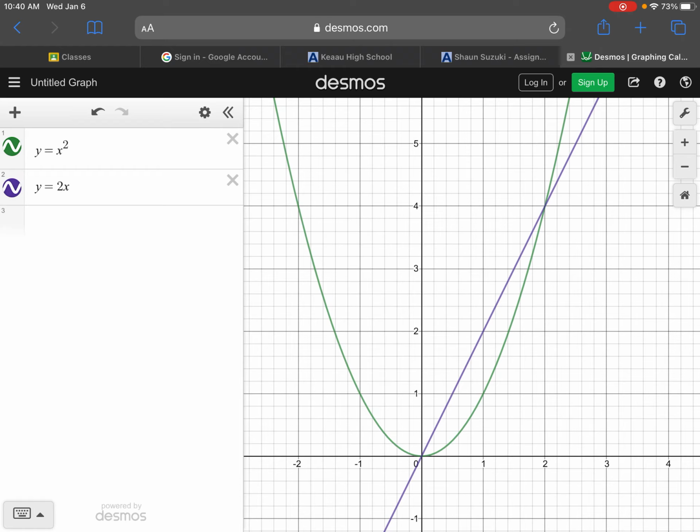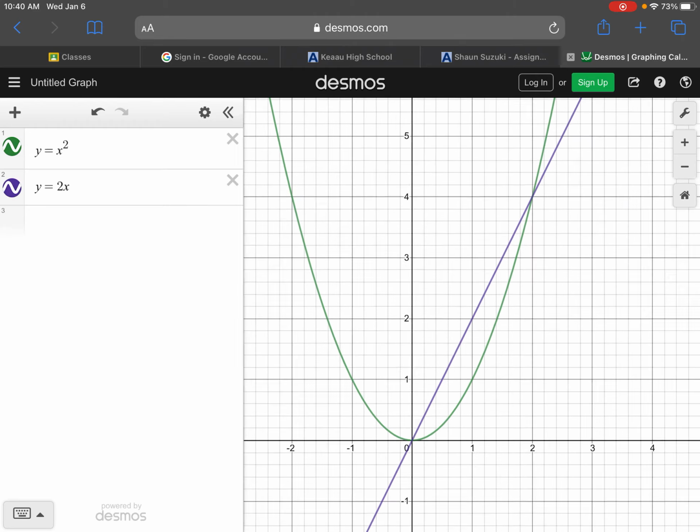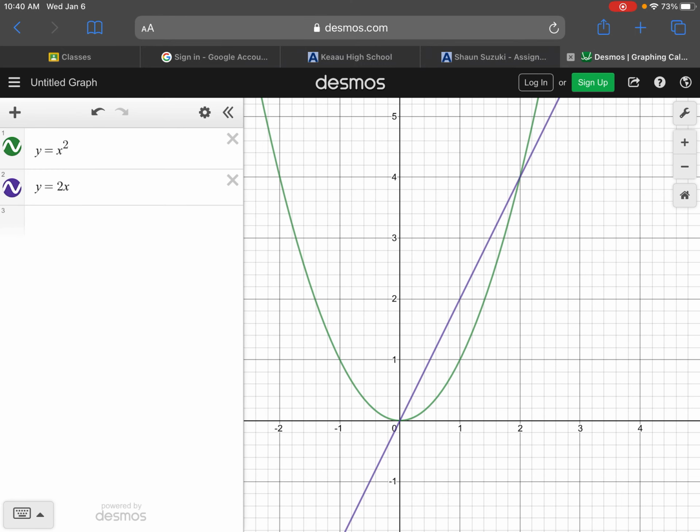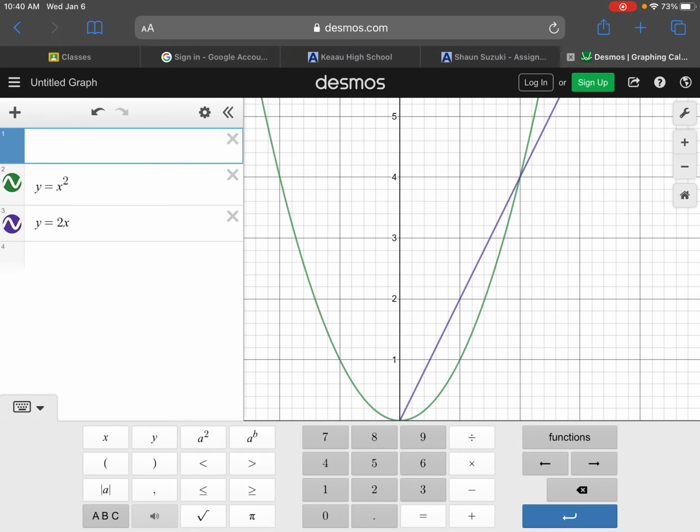What we're trying to do here is get it ever and ever closer. So let's say we had a different line here. I'm going to have to calculate it in my head, but it's going to be slope 3 and passing through -2. So let's do y equals 3x minus 2.